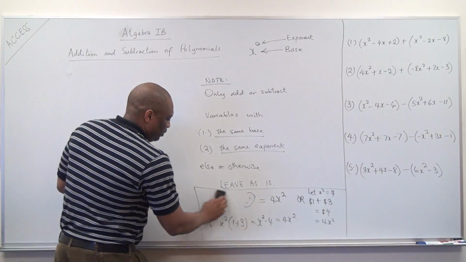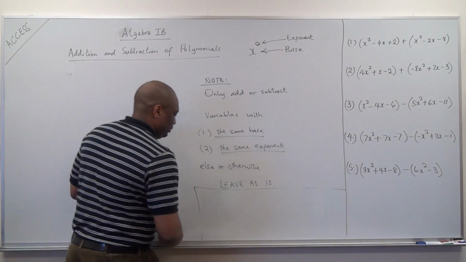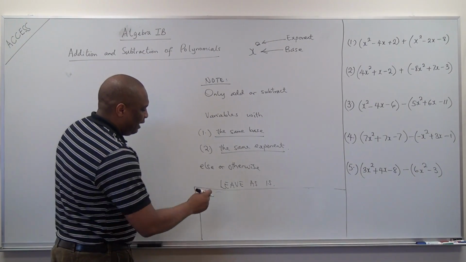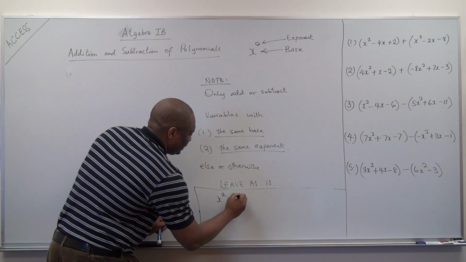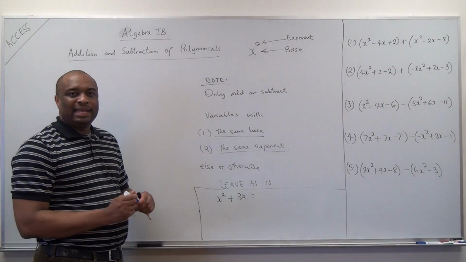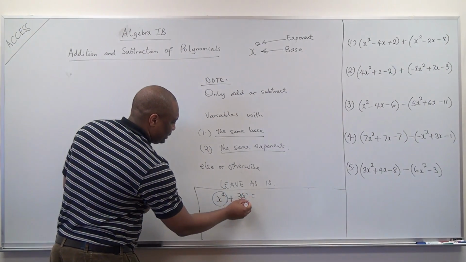Now, let's look at another one before we solve the main problem. What if we have maybe x squared plus 3x? Again, let's identify the variables here. X squared and then x.